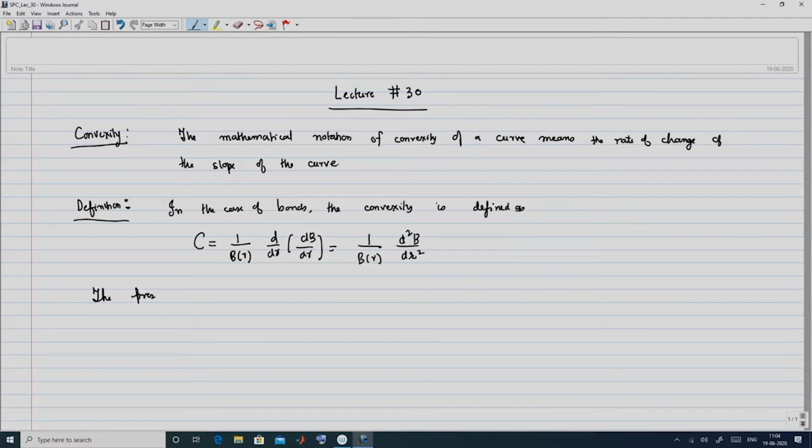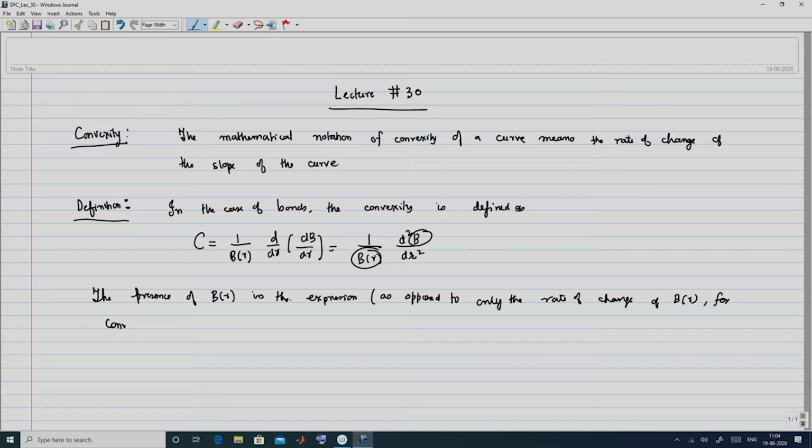So, the presence of this term B(r) in the expression, as opposed to only the rate of change of the slope, is worth noting.